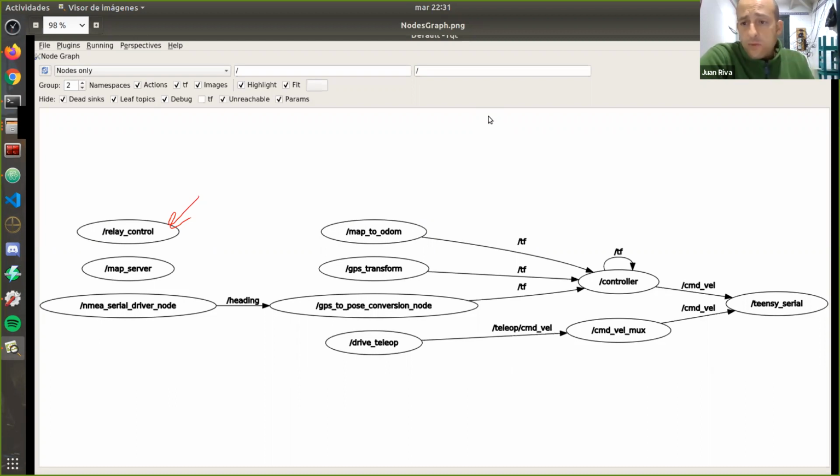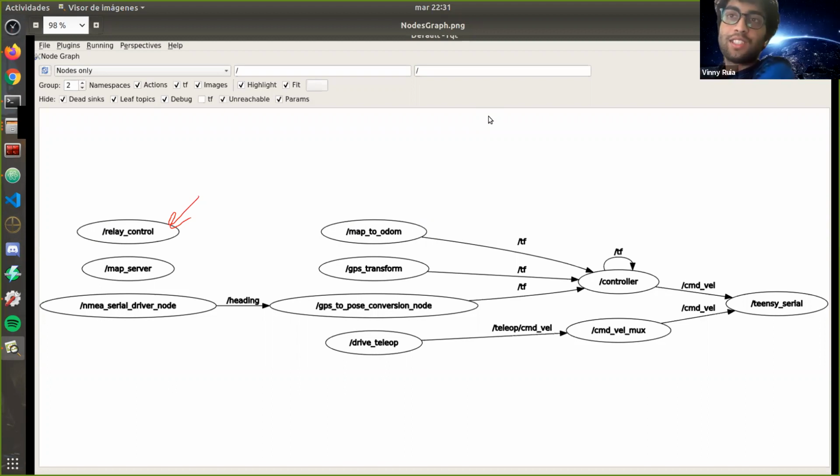I'm not sure about that. So that's a service. Yes. Oh, it's a service? Yeah, okay. And it gets called at the launch, on your startup launch file, and it sets the states of the tractor. Okay.